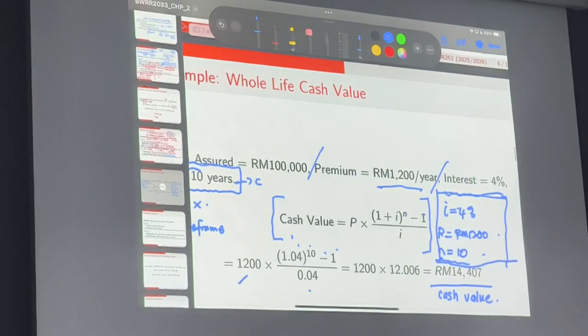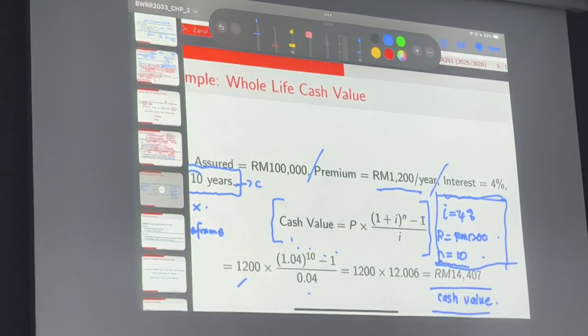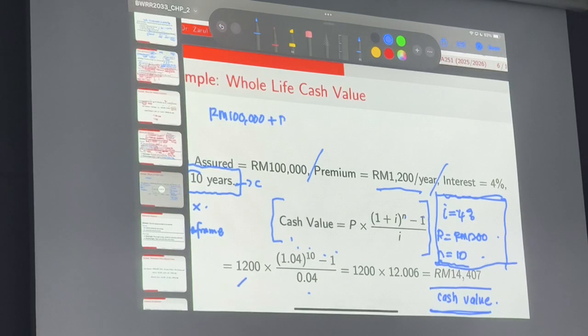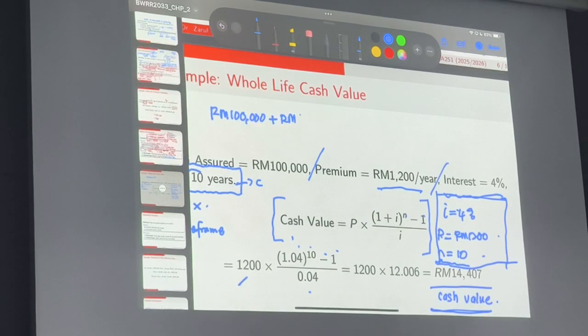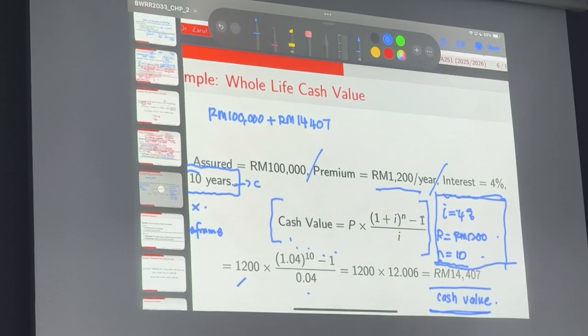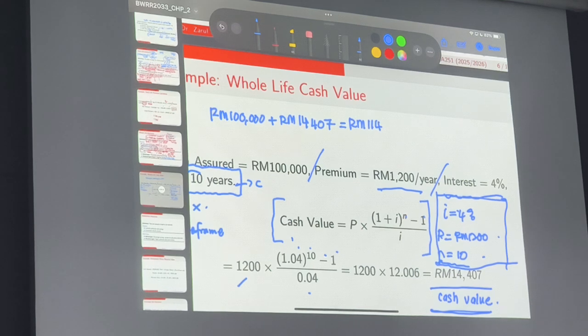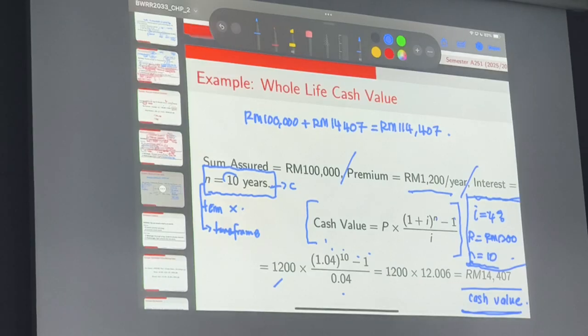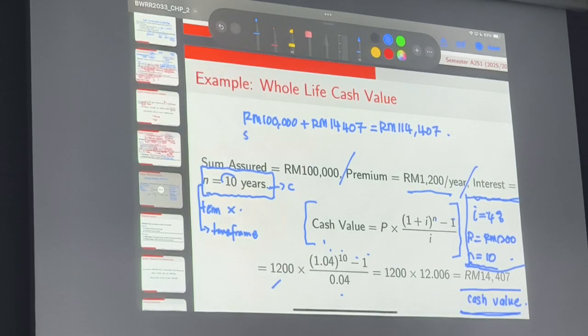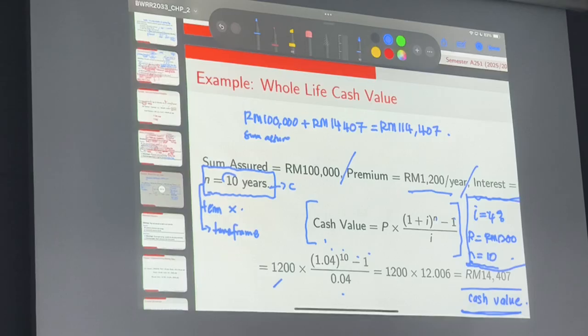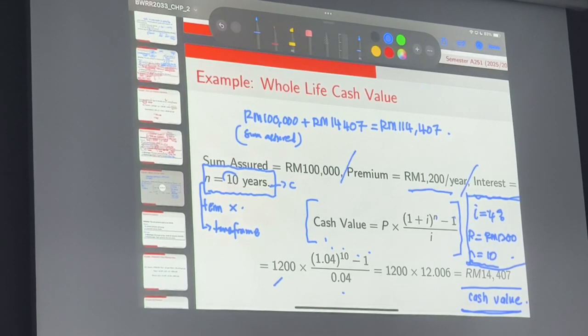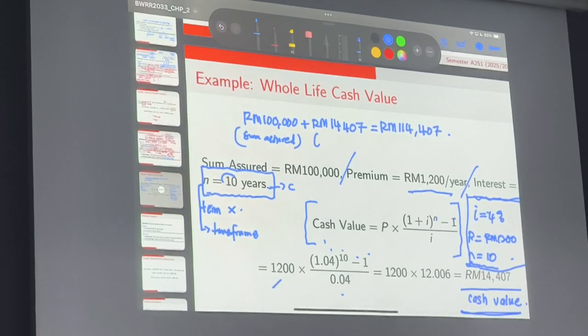How much this person will get is RM100,000 plus RM14,407, so total RM114,407. The RM100,000 is the sum assured, and the RM14,407 is the cash value that has been accumulated.